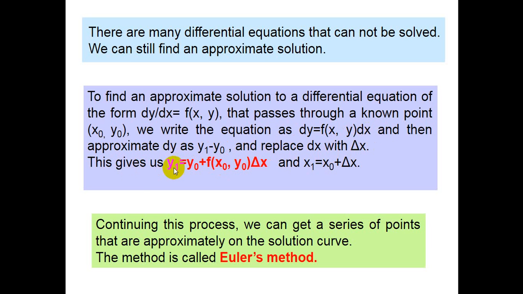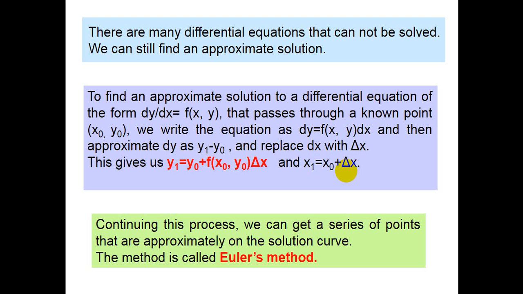This gives us y1 equals y0 plus f of x0, y0 times delta x, and x1 equals x0 plus delta x. Therefore, we know another point, x1 and y1, that is on the curve of the solution.